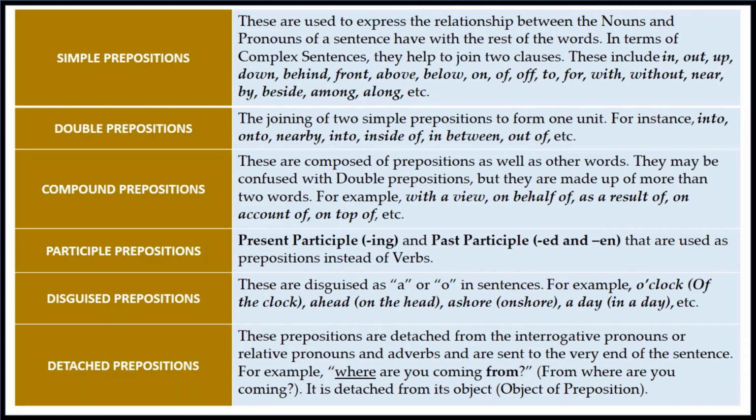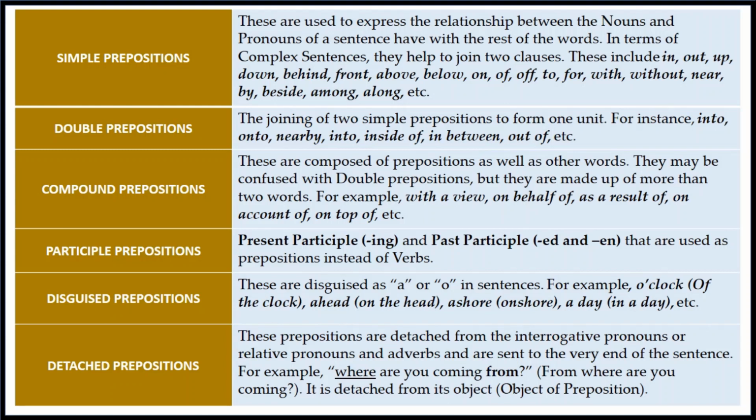We said that in is a simple preposition, and to is also a simple preposition. So combining two simple prepositions, it forms one unit, into, and this is considered a double preposition. Similarly, we have onto, inside, inside of, in between, out of, etc.